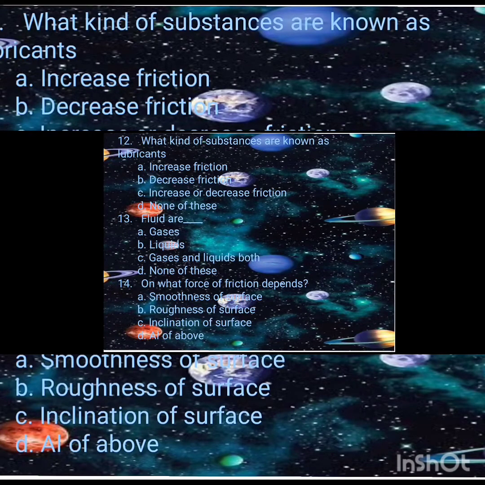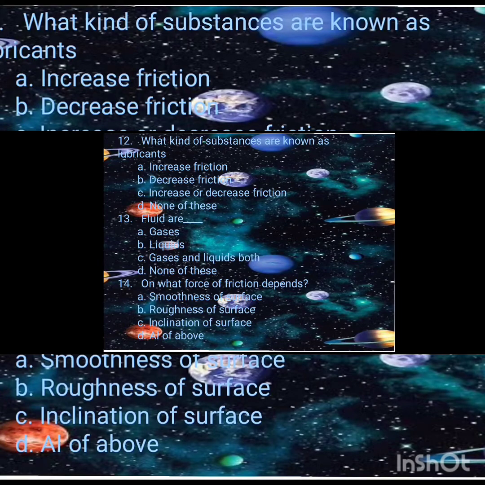Yes, which decreases the friction. Then 13. Fluids are A. Gases, B. Liquids, C. Gas and liquid both, and D. None of them. Yes, what is the correct answer? It's C. Gas and liquid.